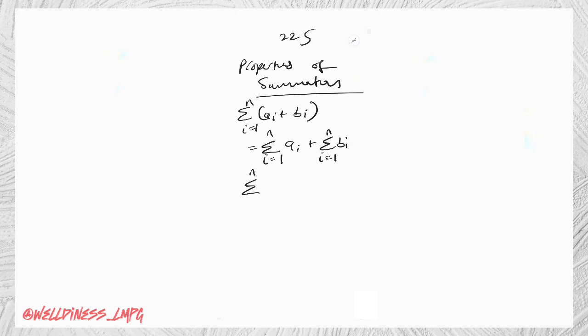And like I also alluded to earlier, when you have a constant times a_i, you can remove the constant and find the summation and then multiply it by the constant. So this property is what is known as linearity under the properties of summation. Please don't forget, C in this case stands for constant.